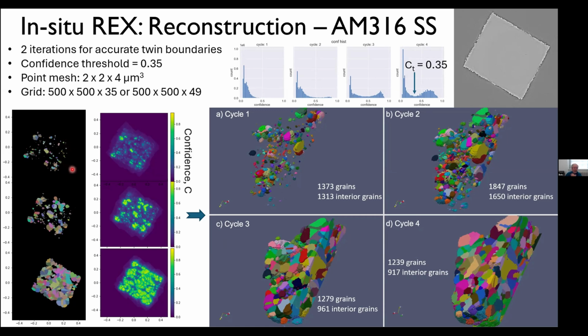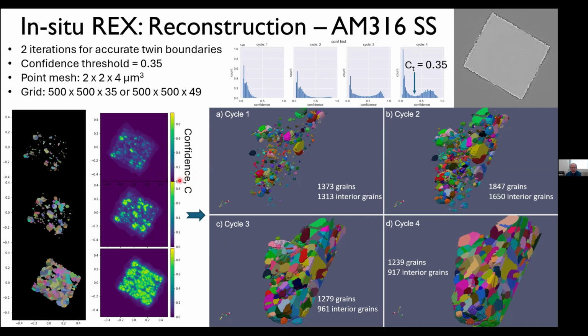And to clarify what's going on here, when we do the forward modeling reconstructions, we're optimizing the orientation so that it hits as much diffraction intensity as we can find. So we wind up with a confidence map for the optimum orientations.